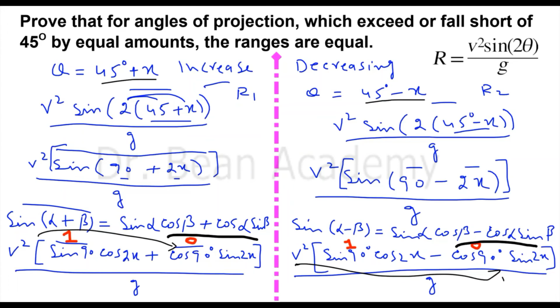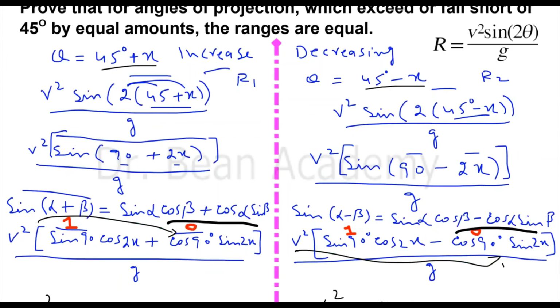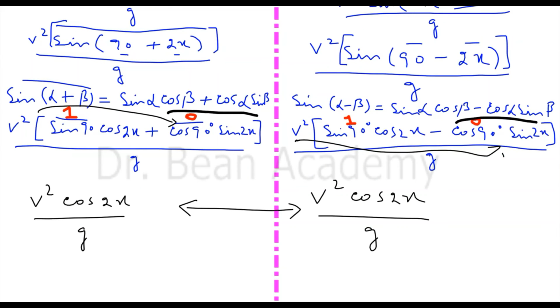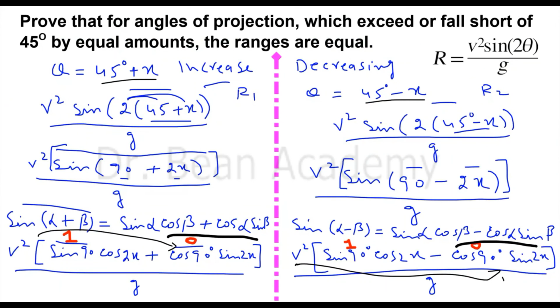So there is a decrease and increase, but in equal amounts, like the condition which was given in the question. And now if we see the expressions, they are the same. So we have just proved that for angles of projection which exceed or fall short of 45 by equal amounts, the ranges are equal.